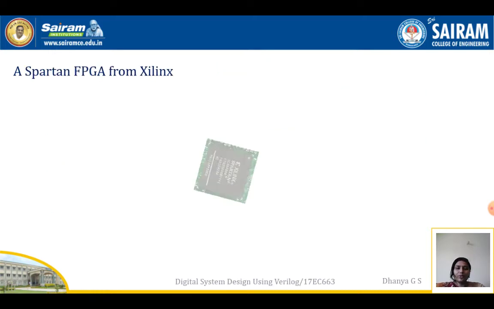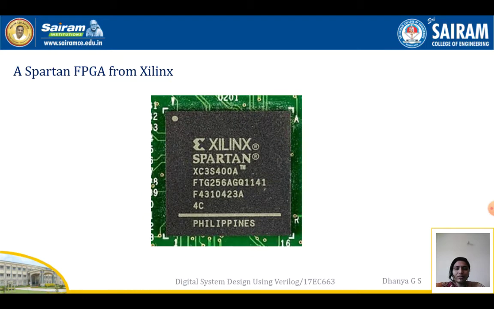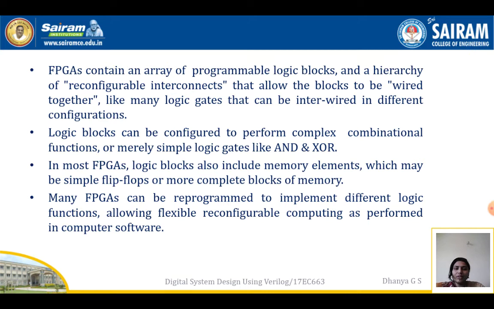I have just shown you that Spartan FPGA from Xilinx. So this is how an FPGA IC looks like. FPGAs contain an array of programmable logic blocks and a hierarchy of reconfigurable interconnects that allow the blocks to be wired together, like many logic gates that can be interwired in different configurations.